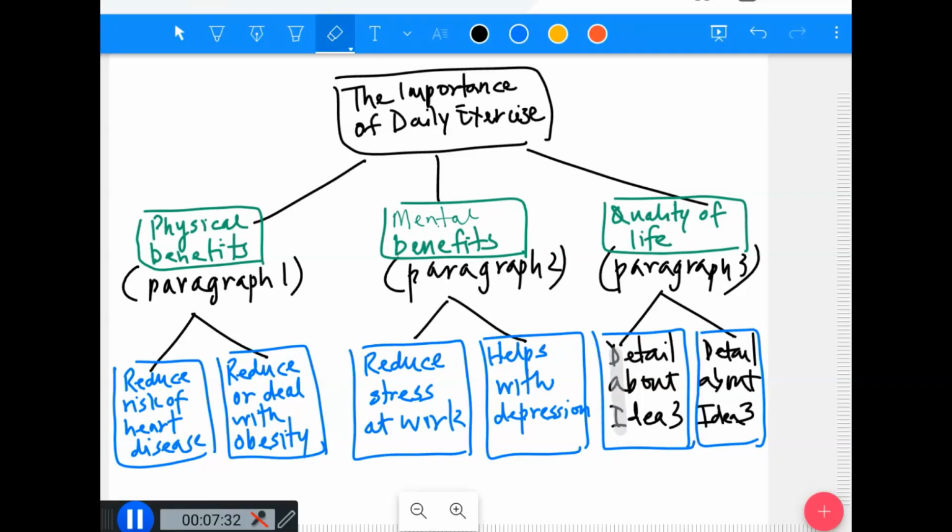And the third idea that we discussed as relating to the importance of daily exercise is that it improves the quality of life. One detail that I can add to this point is that it increases the ability to enjoy more activities.